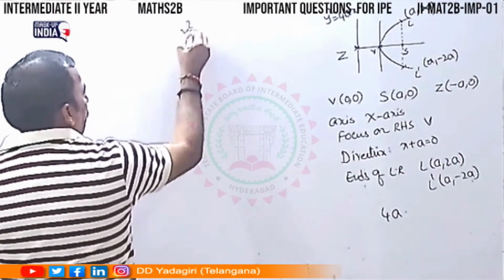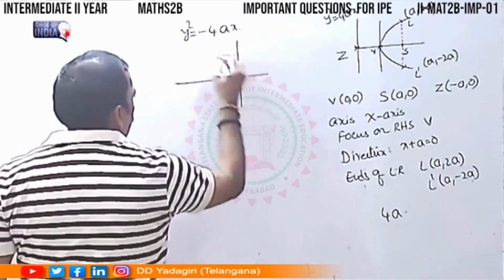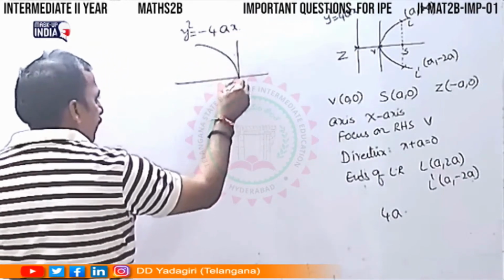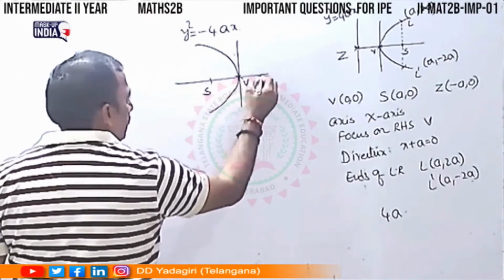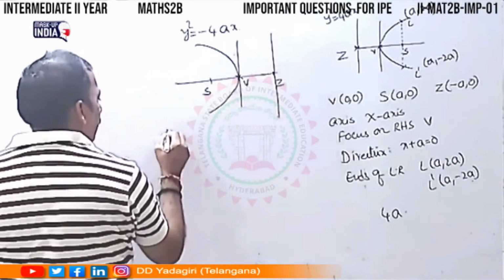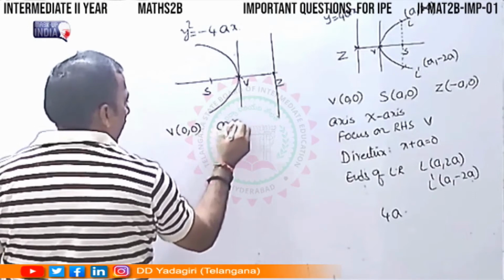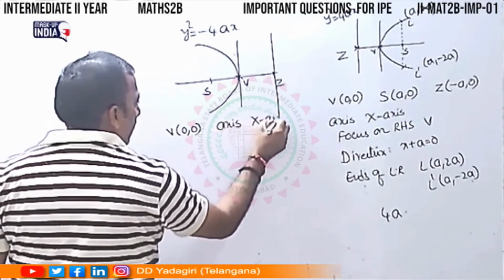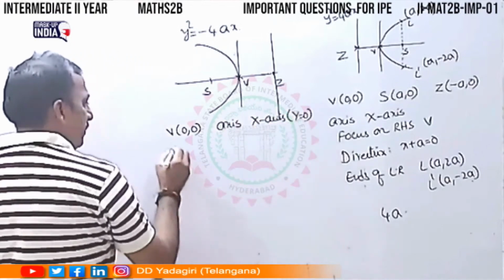Second one, y square is equal to minus 4ax. First, vertex (0, 0). Axis is the x-axis, in brackets y is equal to 0.